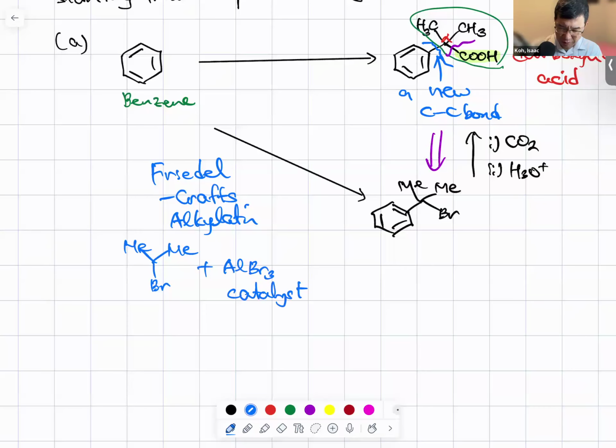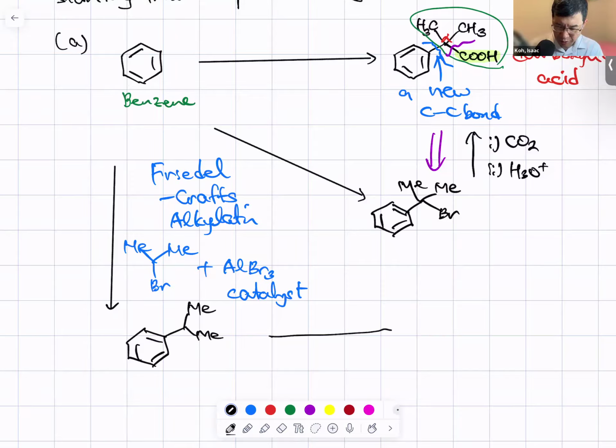Then it will be elongating the carbon by two carbons, methyl and methyl. And how can I make them into bromine?